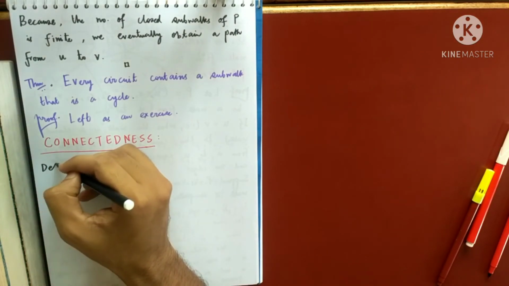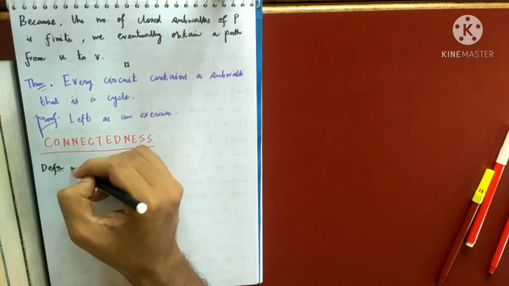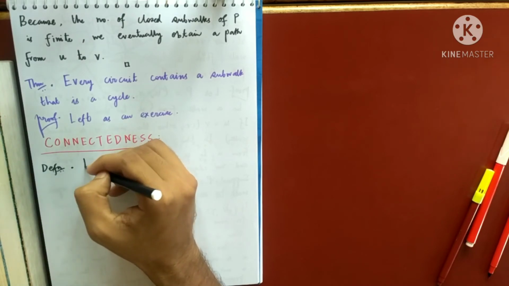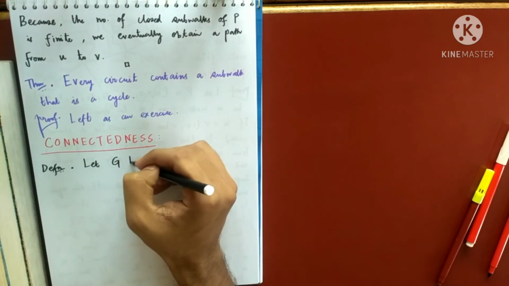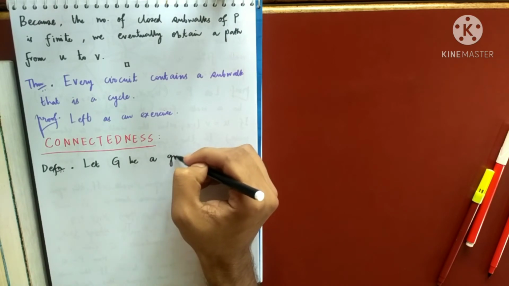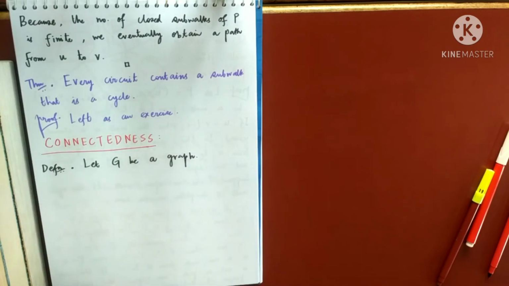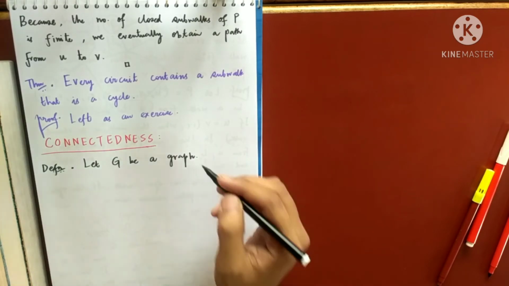Definition of connected graph. Okay. So let G be a graph.